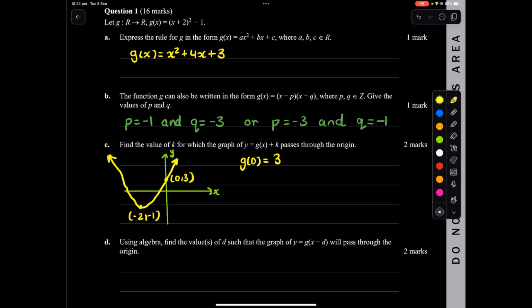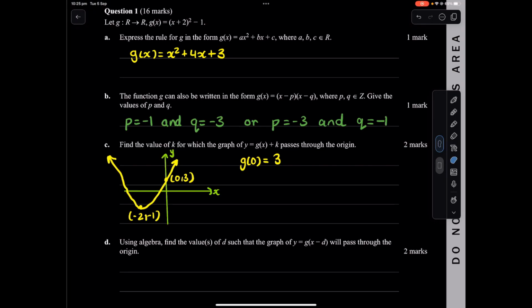Okay, so find the value of k for which the graph of G of X plus k passes through the origin. Remember, that k is a translation up or down. So it's telling us what translation will make this whole function pass through the origin. Well, our y-intercept's at 0 and 3. So if we take this and we put it down, can you see how we can translate it? We touch the origin when we translate it 3 units down.